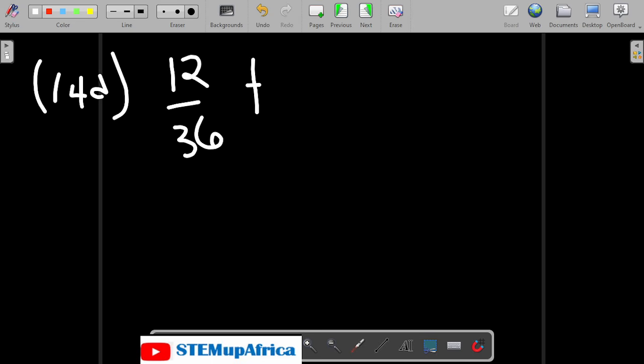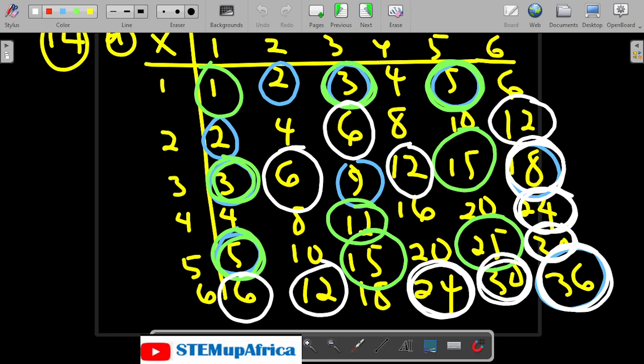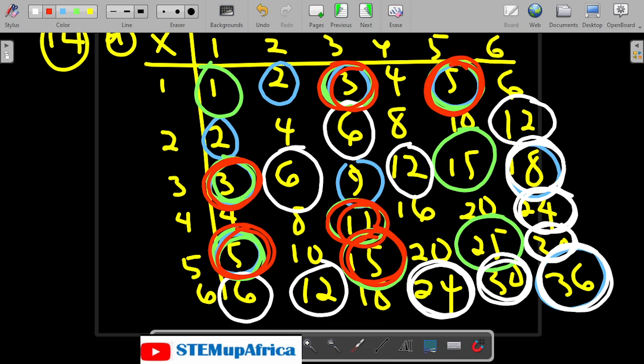Plus the odd numbers, the numbers that 2 cannot divide. Then we count 1, 2, 3, 4, 5, 6, 7, 8. 8 numbers.